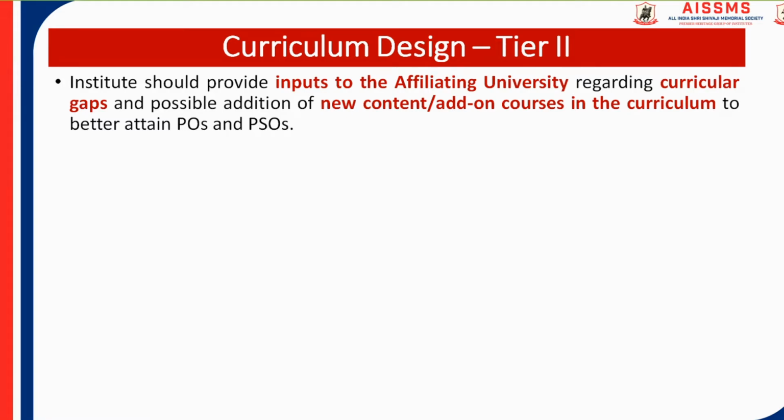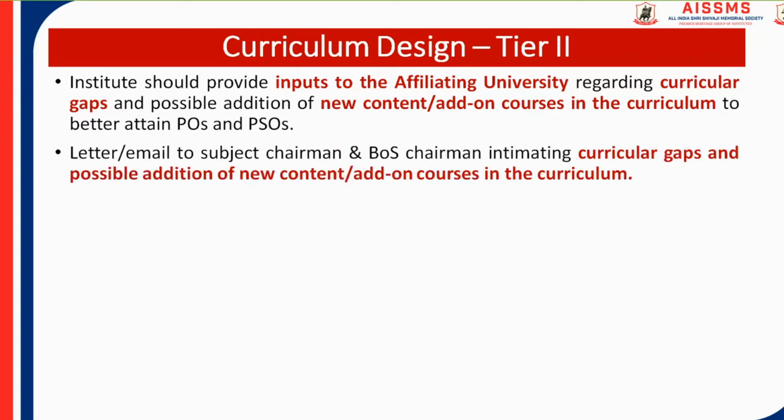When all this group of people come together and review the existing curricula, they always find certain gaps, and these gaps can be further given to the university. So as I said, letter emails to the subject chairmen can be made, stating the curricular gaps, possible additions of new contents, and add-on courses in the curriculum.